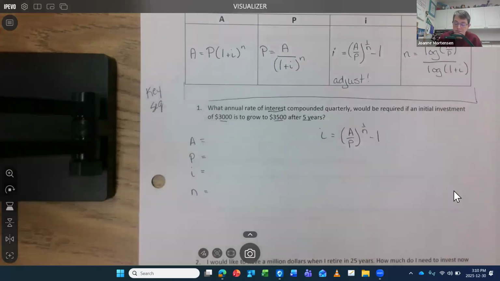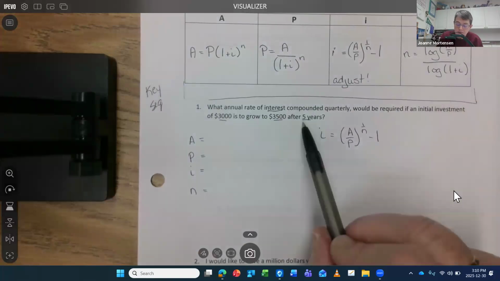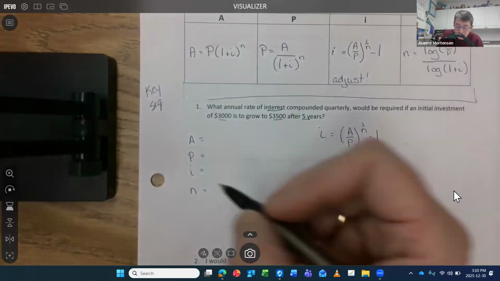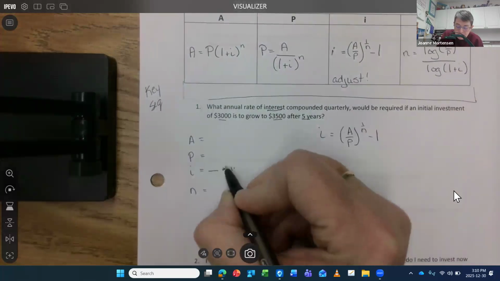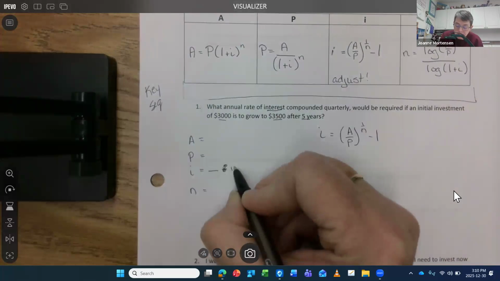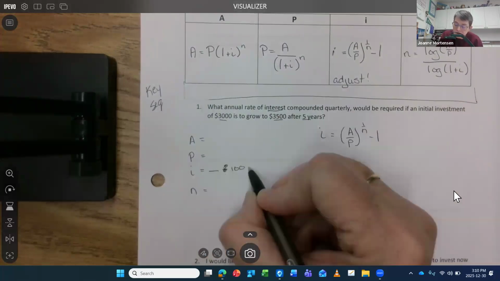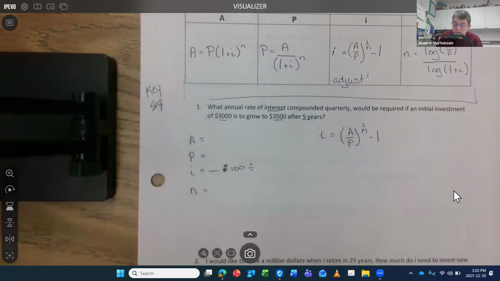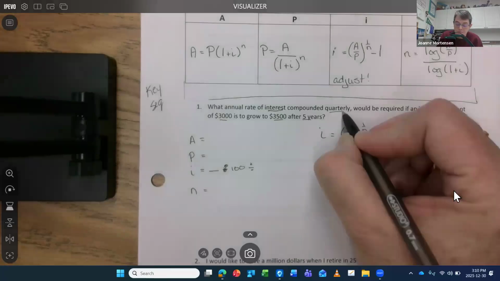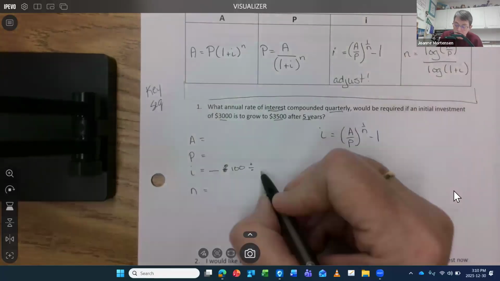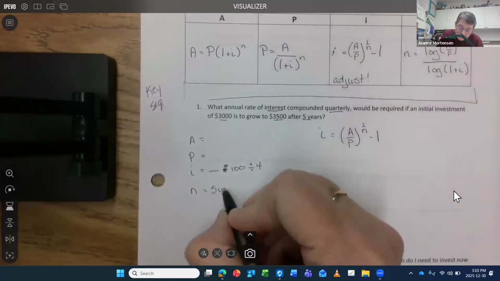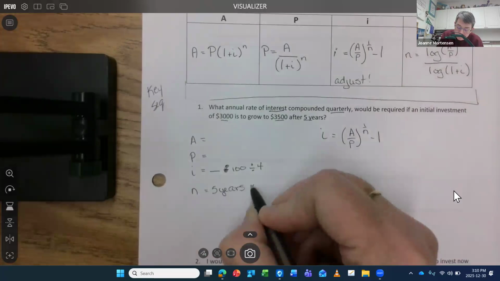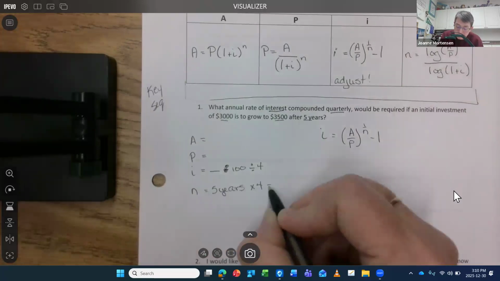Now, let's figure this out. Interest, I don't know, but I know it's going to be divided by 100, and then we're going to divide by quarterly, that's going to be 4. I've got 5 years times 4 is 20.